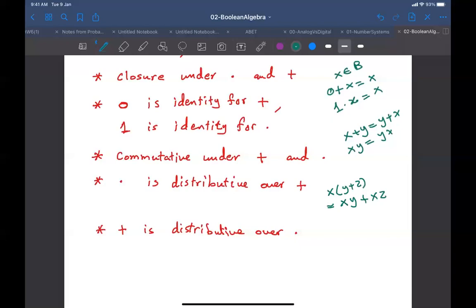There is another version of the distributive law in Boolean algebra, which will make you wonder. Basically it's this: x ORed with y and z, and you can also distribute this. So x ORed with y, ANDed with x ORed with z. This is true by definition of Boolean algebra.